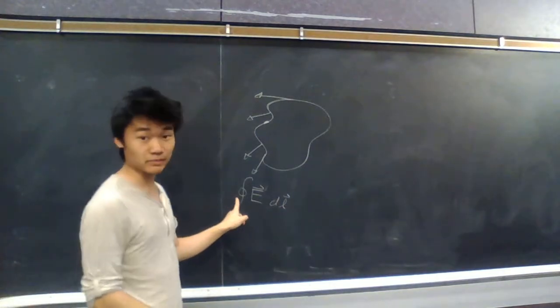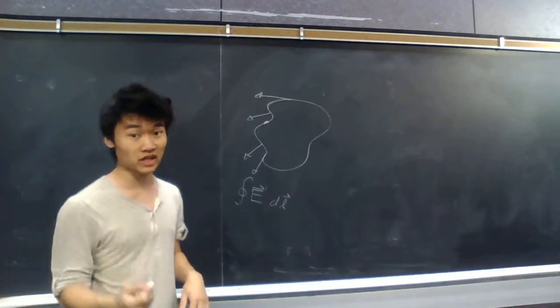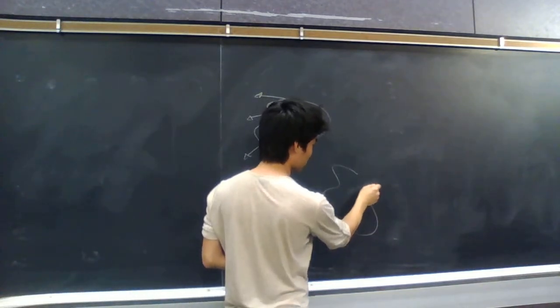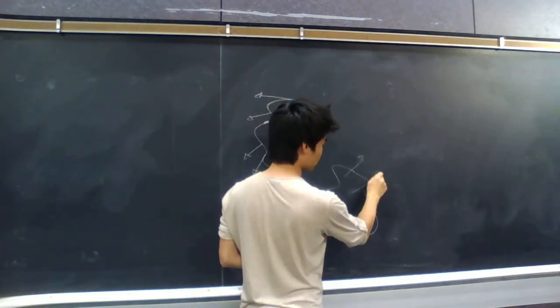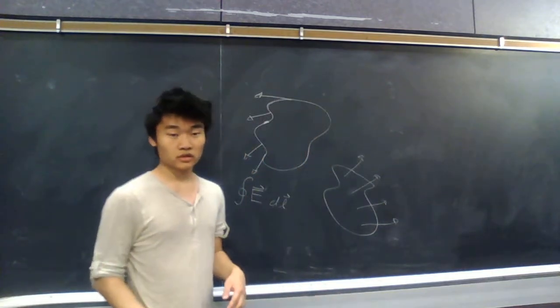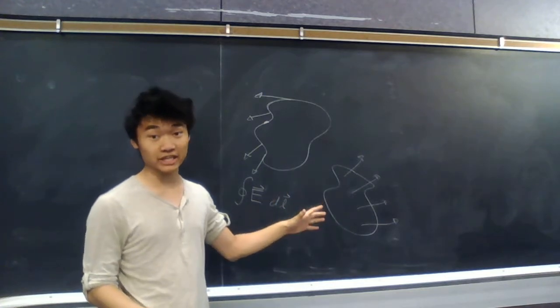And the reason why it has to be a closed line integral is because we're relating it to a flux. If you think back to Gauss's law, the flux of a field through a surface is only integrating the portion of the field that is actually perpendicular to the surface.